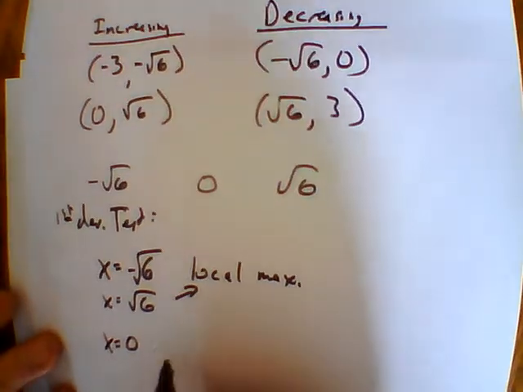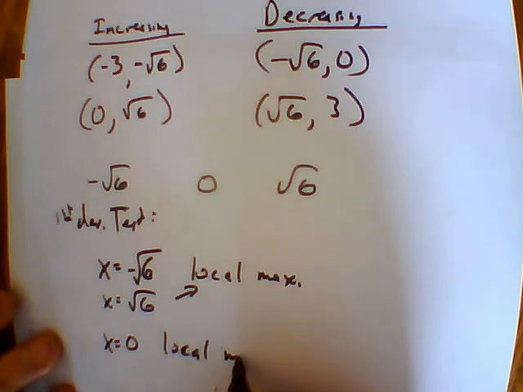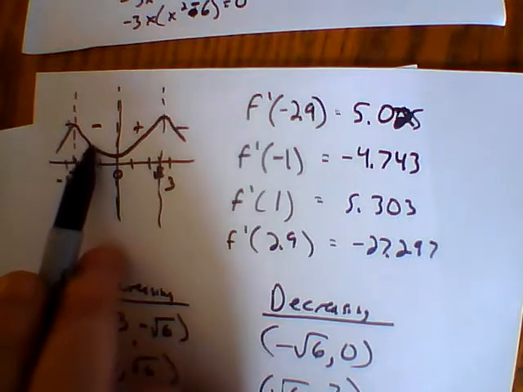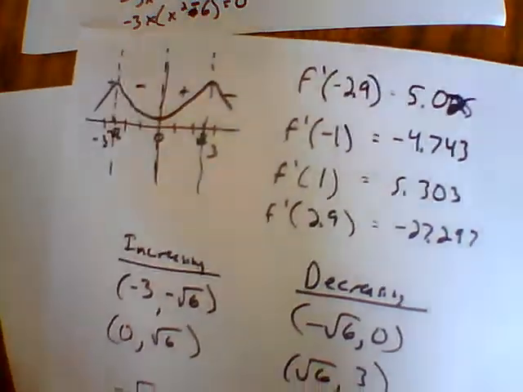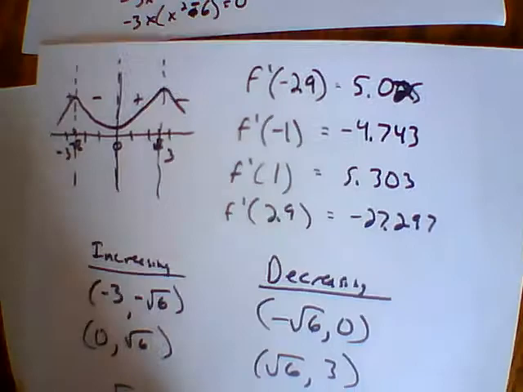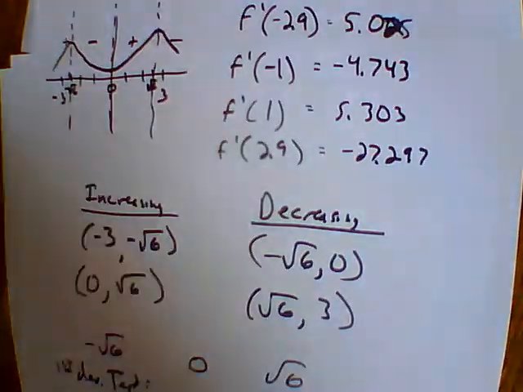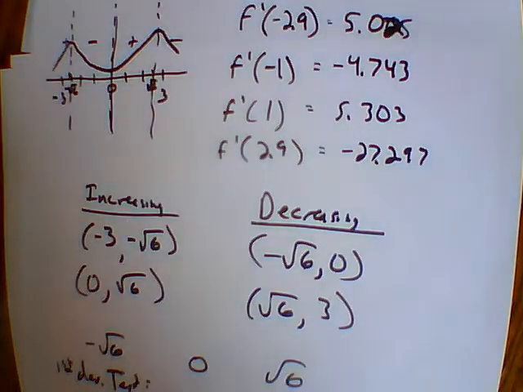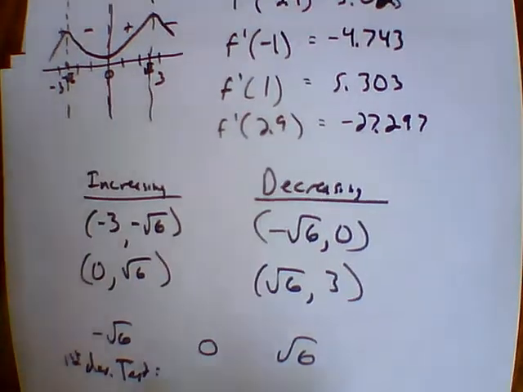And then when x equals 0, we would have a local minimum, because we have a negative slope, thus changing to a positive slope. So this sums up what our first derivative test starts telling us about these graphs, and as we look at the values, the different features that we'd be working with on them.